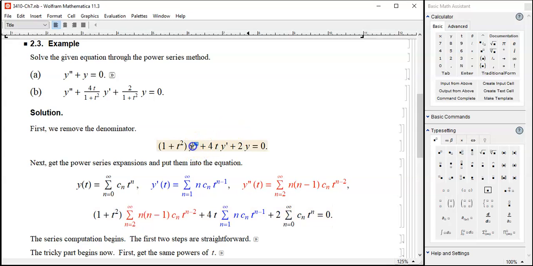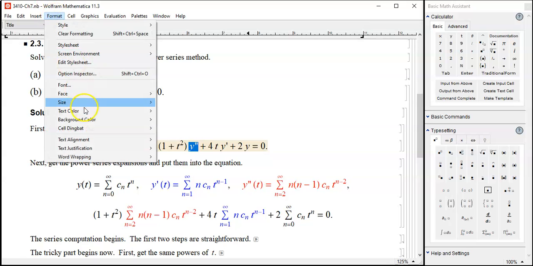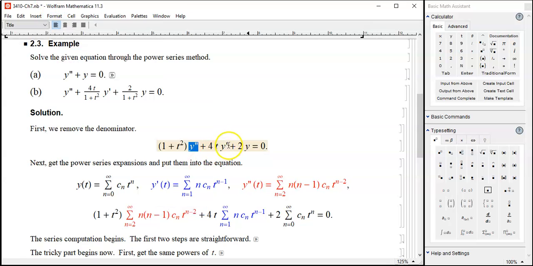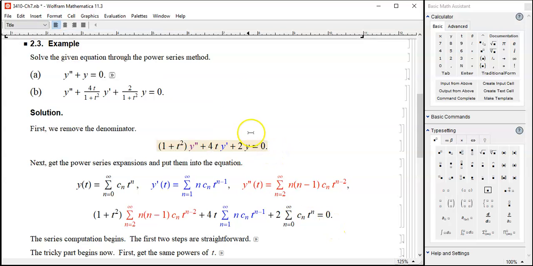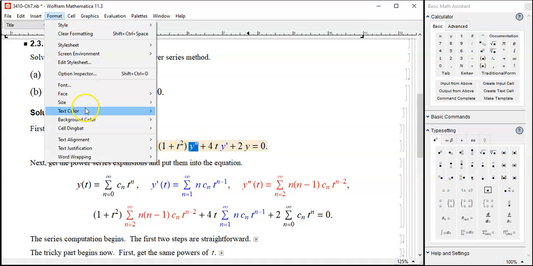This is y double prime, red, and that's blue. Okay, all right. Red, I didn't mean purple, excuse me.